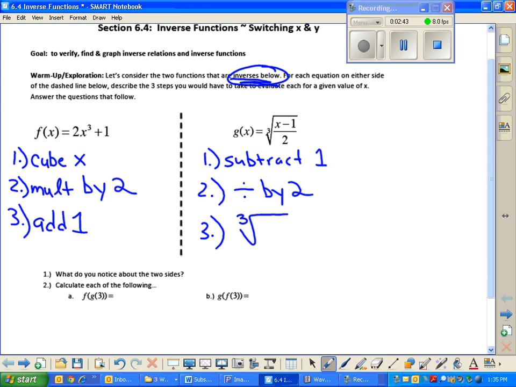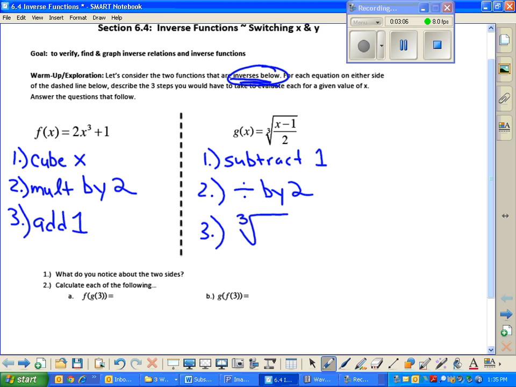So where number 1 was cube x on the left side, number 3 was cube root. And then number 2's kind of line up. We have multiply by 2 and then divide by 2. Right. And then number 3 on the left says add 1, but that matches with number 1. And then I heard you say a word before you started all that. They're opposites. Very good.